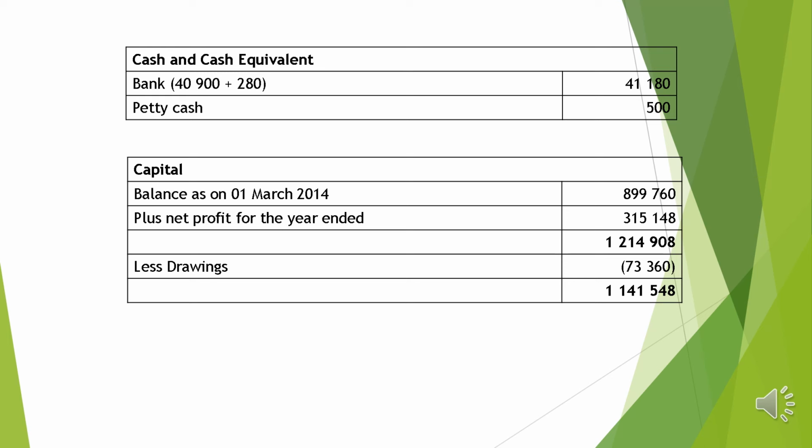So whatever he or she is going to get should be 1,214,908 minus 73,360, which will give us 1,141,548, an amount that this owner is entitled to.